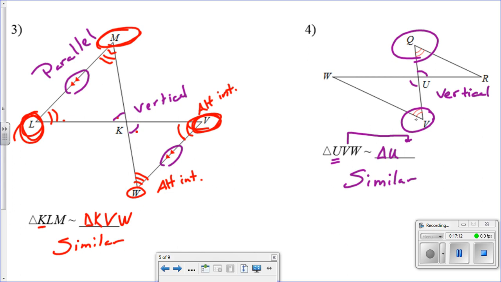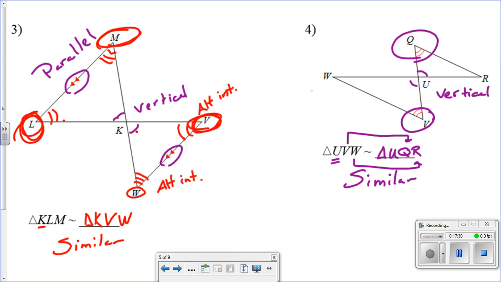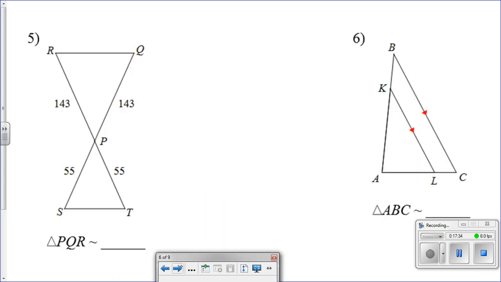These two go together. So if V is second in your list, then Q must be second. So it's going to be triangle U, Q, therefore R must be last. So what that means is W goes with the R. And that would be true. The W definitely corresponds with the R. All right, let's keep it going here. We've got a few more to do.